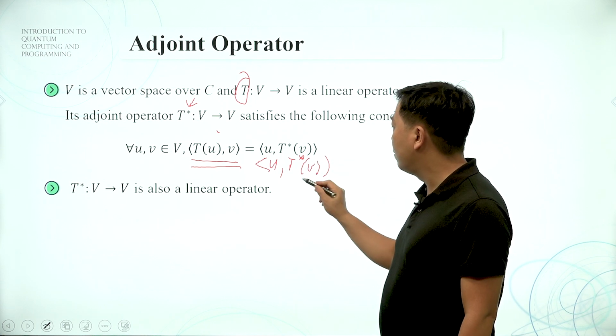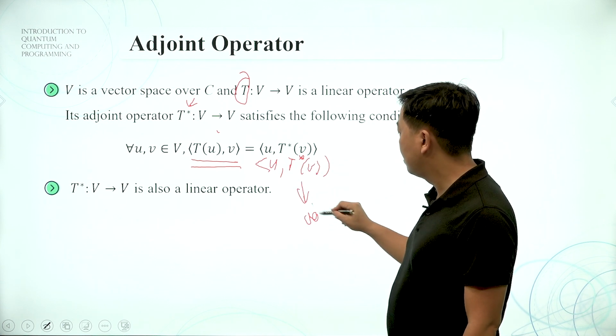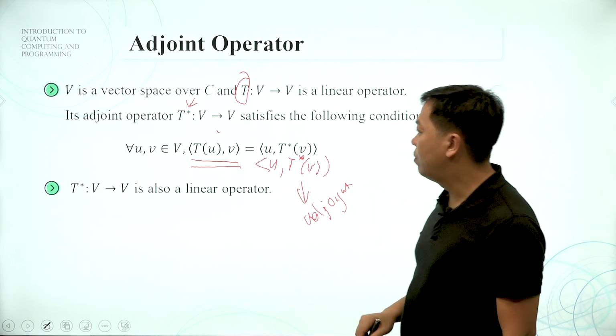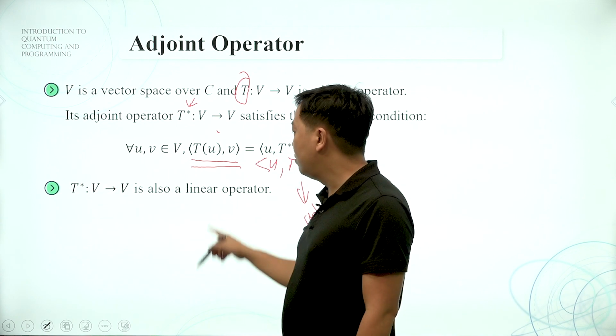Yeah, this is the adjoint. So T star is also a linear operator.